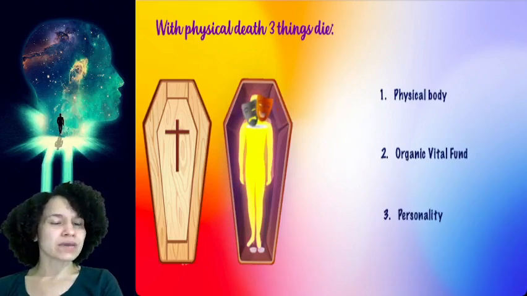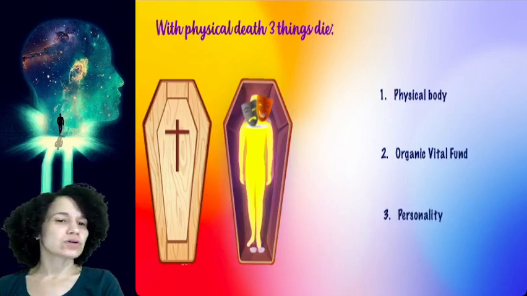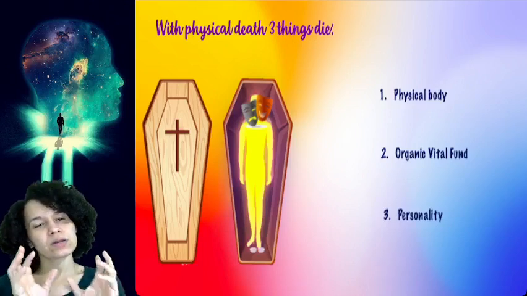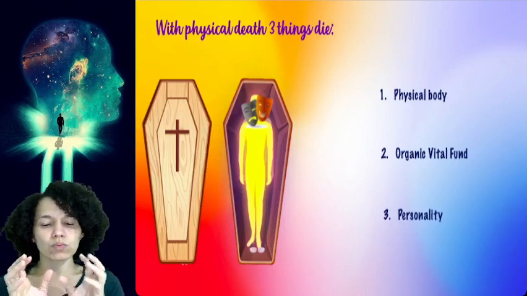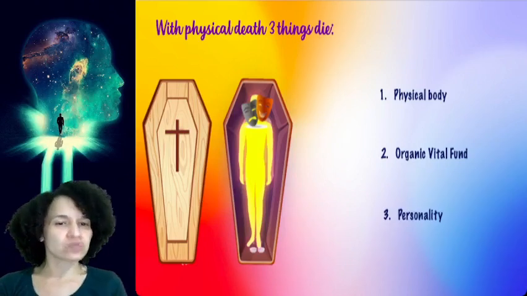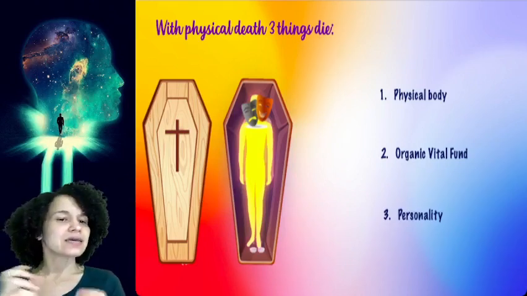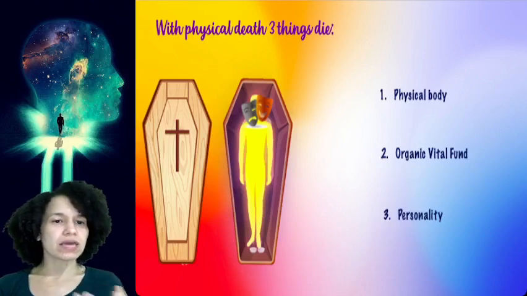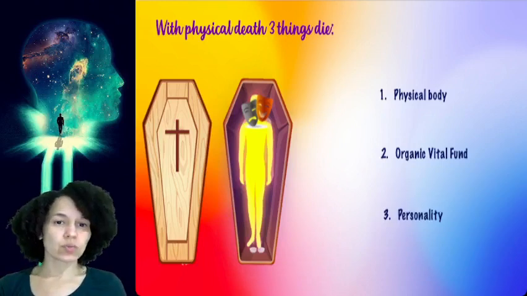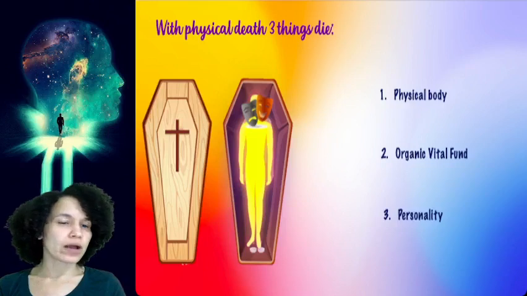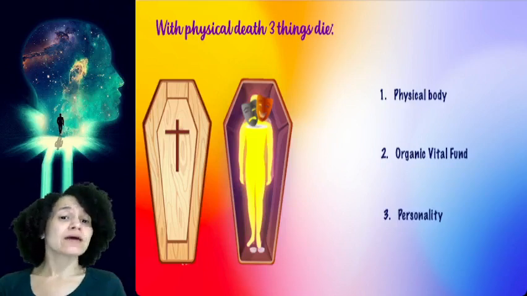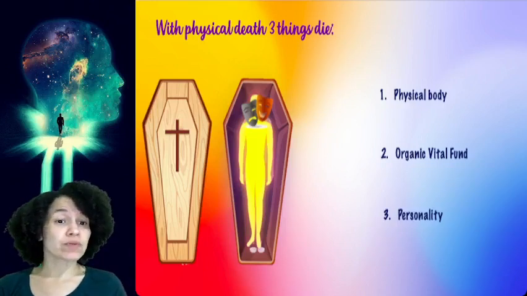Although this may take a little longer to disintegrate, since when someone was very attached to life, that energy vehicle may remain like a ghost, wandering around for a while, being fed by the energy of those who remember him or who cry for him.